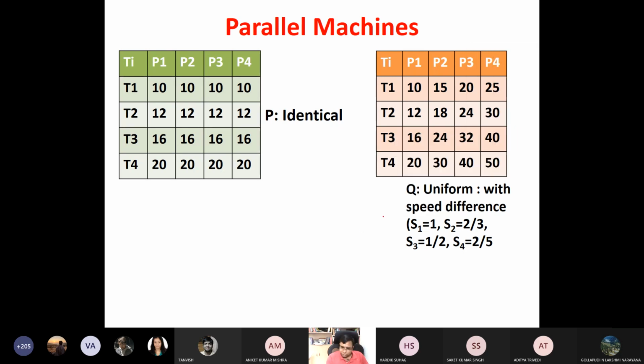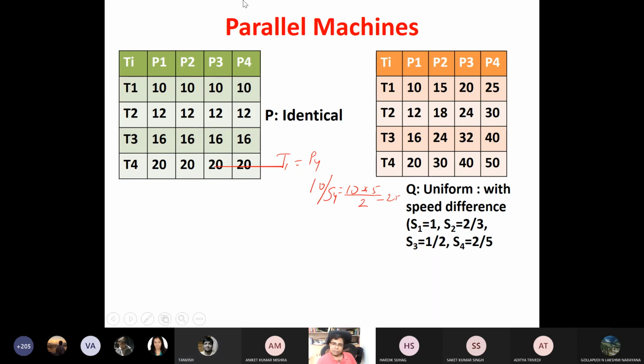Suppose I want to execute T1 on P4. Then the execution time will be 10 divided by S4. S4 is 2 by 5, so 10 into 5 by 2. So it will be 25.